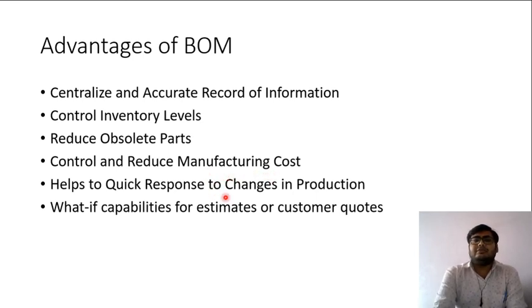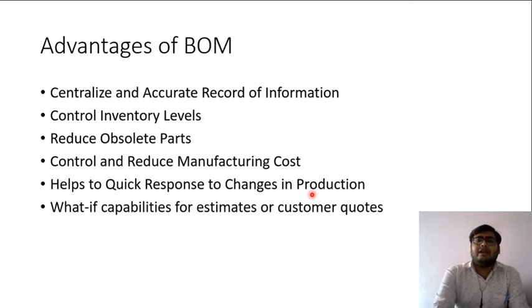Also it helps with changes in production. We can change our production quickly. Why? Because once we have changed our design, we will update our bill of material, and once we have updated the bill of material, we can easily manufacture these parts, or we can easily order these parts without any delay.